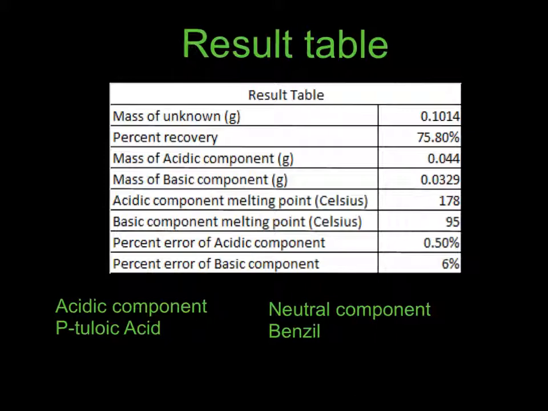The experimental melting point was lower than the actual melting point because the neutral component collected may be contaminated, so the component I got was not 100% pure. So that's all for this lab. Thank you.